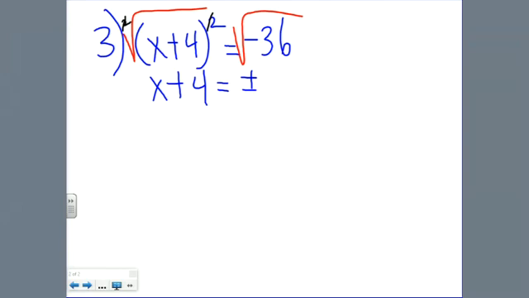Now, the square root of negative 36, we can break it down as 36 times negative 1. Because we know the square root of 36 is 6, and the square root of negative 1, remember, is defined to be i, or the imaginary part.